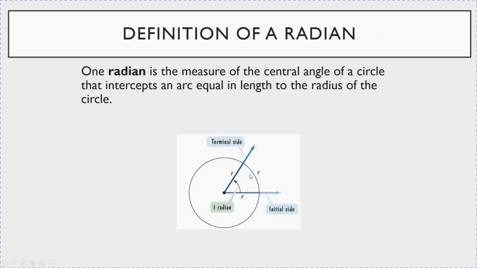So 1 radian, okay, is the measure of the central angle of a circle that intercepts an arc equal in length to the radius of the circle. So 1 radian is measured as, what is the radius of that circle? Well, this arc here has the same length. That's what is defined as 1 radian.